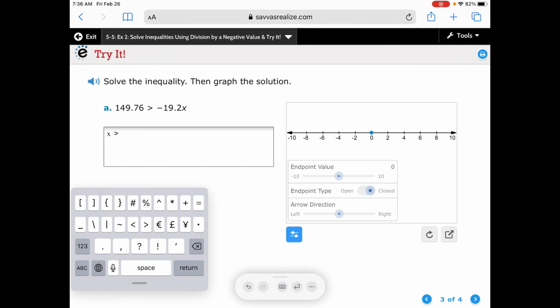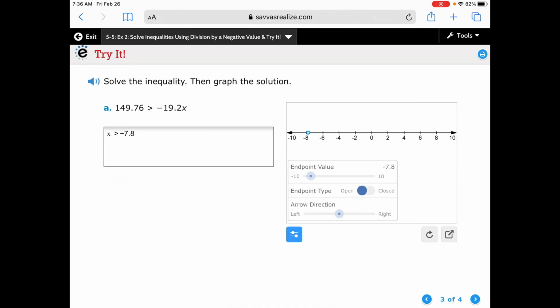When we solve it, it's negative 7.8. Then in our graph, we should see that we're going to be at negative 7.8. Let's get it precise there. It's going to be an open circle because there's no line underneath, and it'll be shaded to the right. So that's that graph.